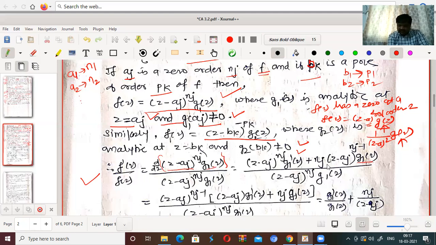Take (z minus aj) to the power nj minus 1 common, and you will get (z minus aj) into g1 dash z plus nj into g1 of z, upon (z minus aj) to the power nj into g1 of z.